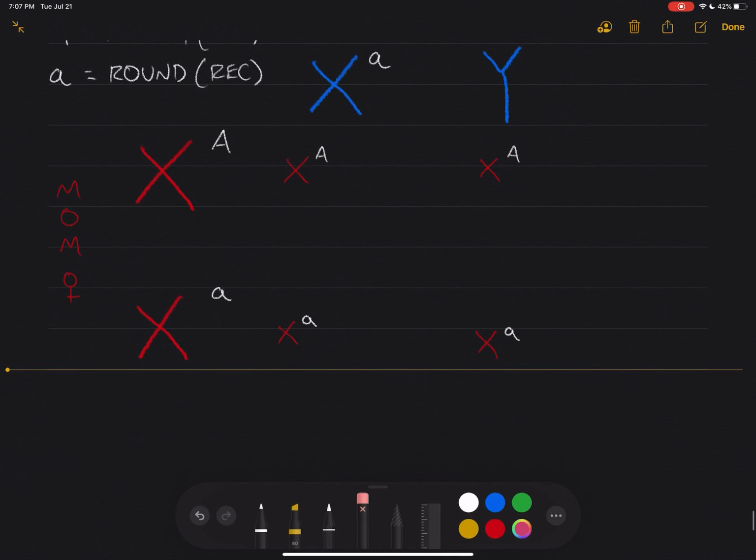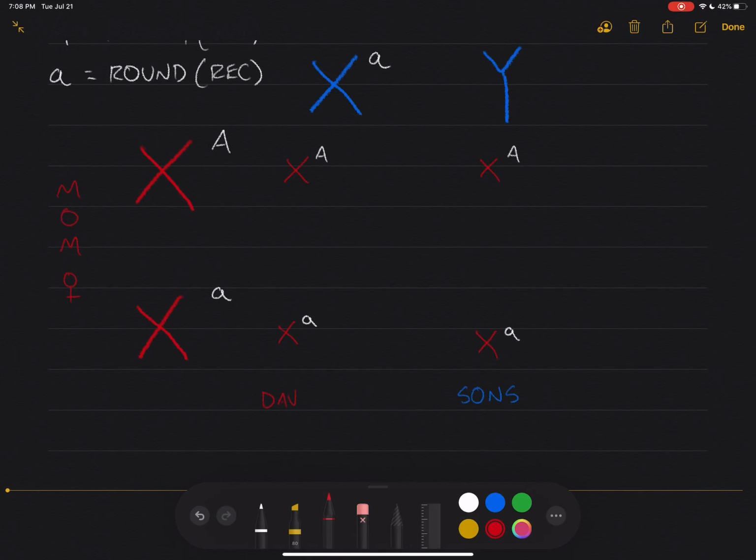And just keep in mind that these are sons and these are daughters. Whoops, hold on, reversed it. XY, sons. Oh, that's cool, didn't know you could do that.